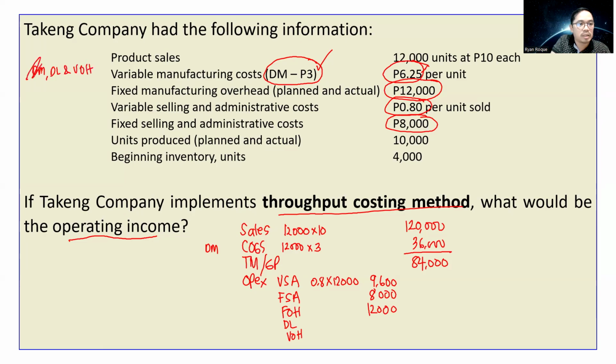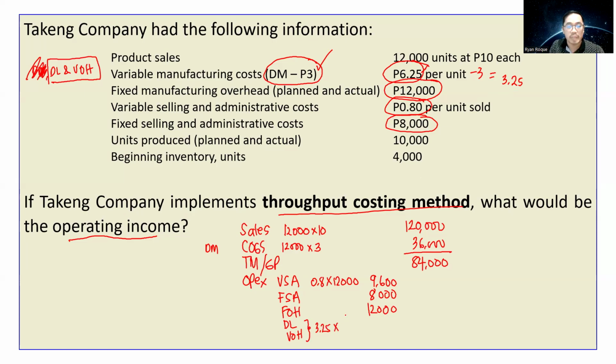So therefore, the DM is part of the product cost. So therefore, the remaining amount would be for DL, direct labor, and your variable overhead. So that would be 6.25 minus 3. So that would be 3.25.